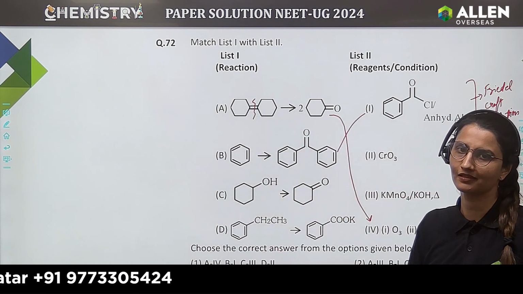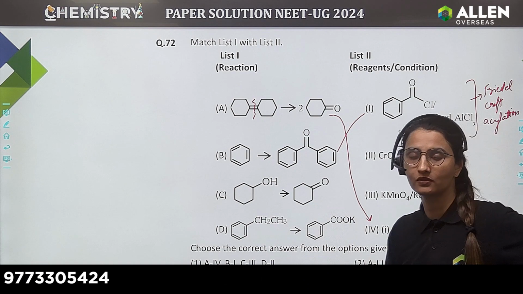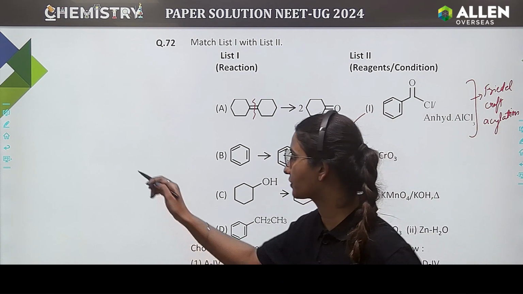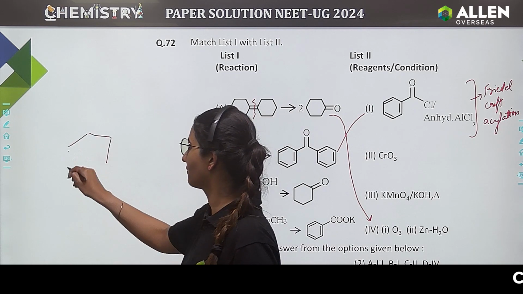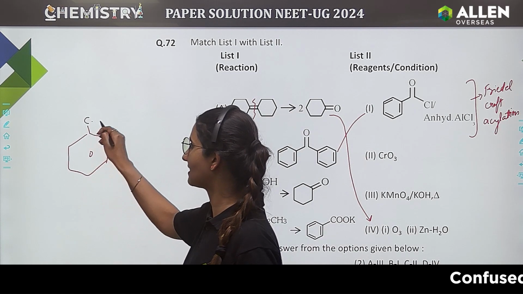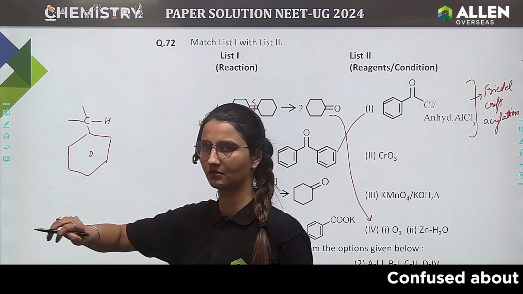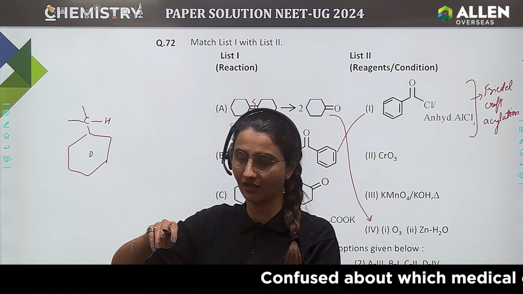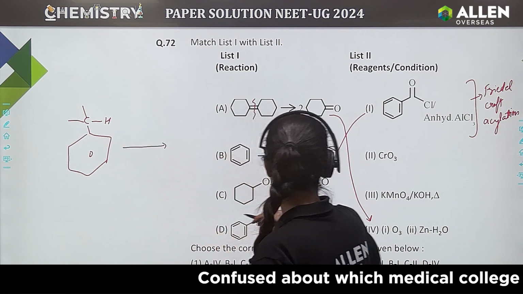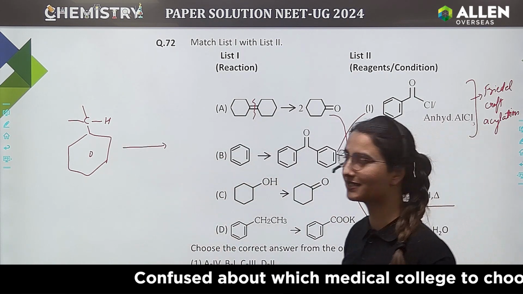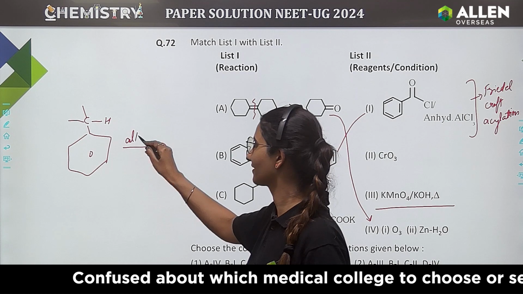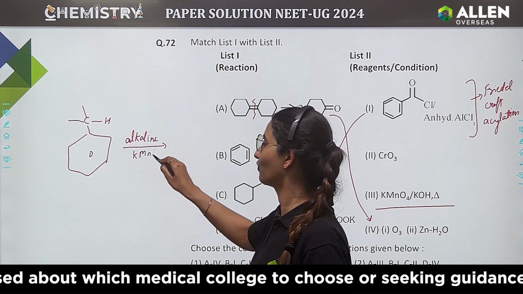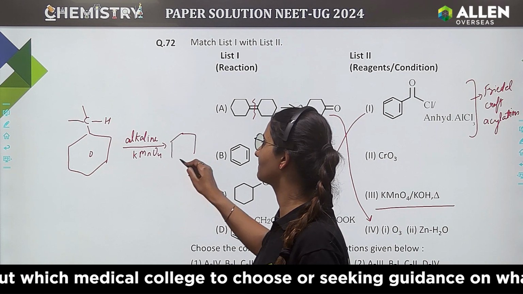Oh yes. This concept we know that if the carbon directly attached to the benzene ring has at least one H, it can have 3 H also, 2 also, but at least one H, whenever you put alkaline KMnO4, it directly gives benzoic acid.